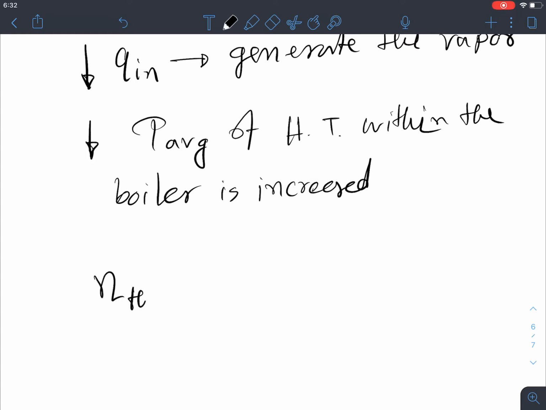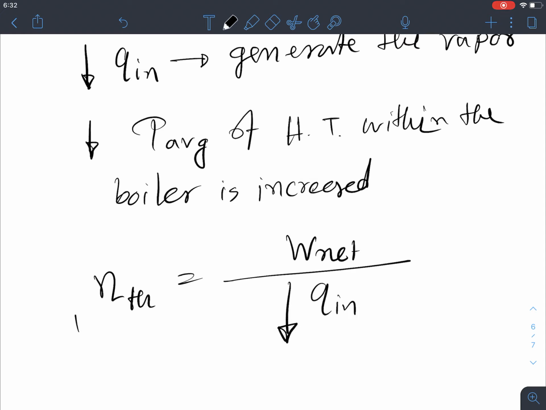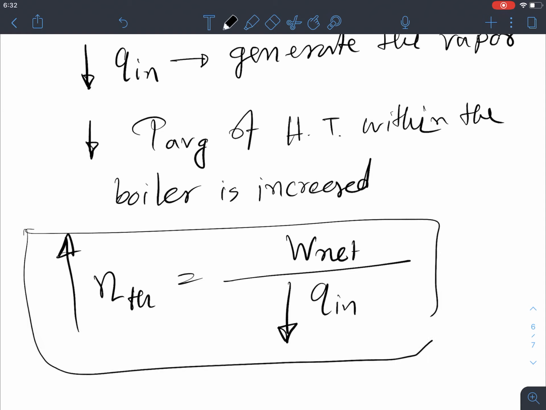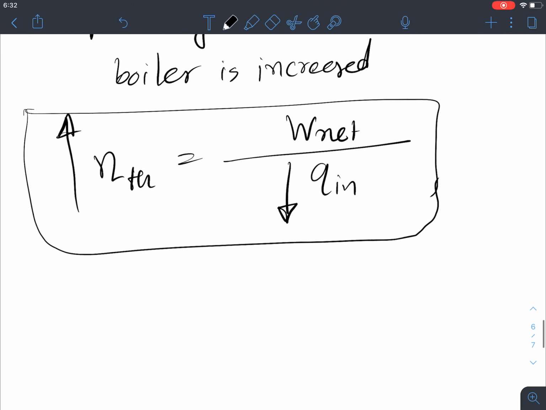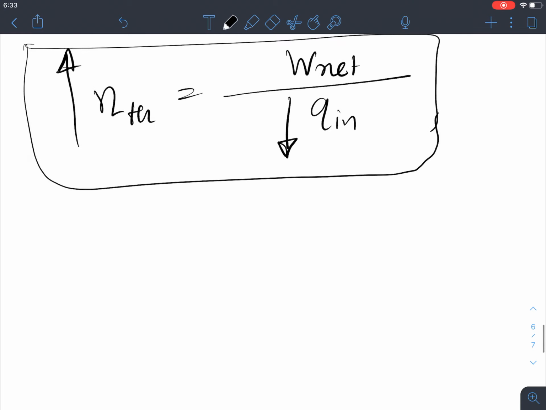Again, the same thing in the efficiency equation: if you keep W net the same and just reduce the Q in, the efficiency will increase. So this is another way to increase the efficiency. If we can increase the boiler pressure, it will ultimately decrease the heat input requirement, and that will help us increase the efficiency.